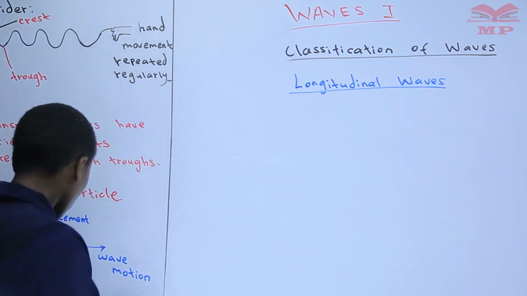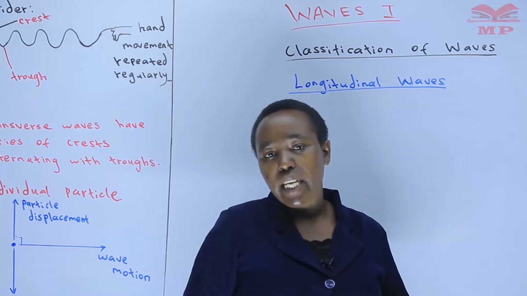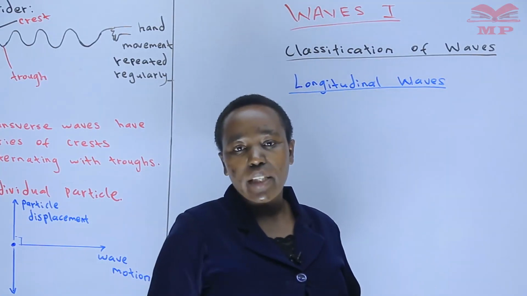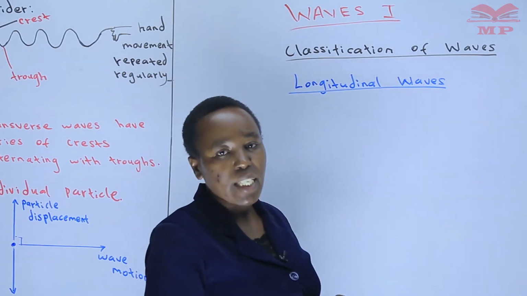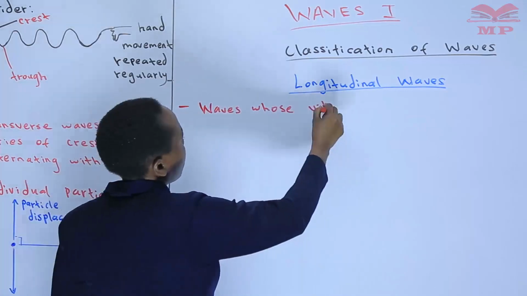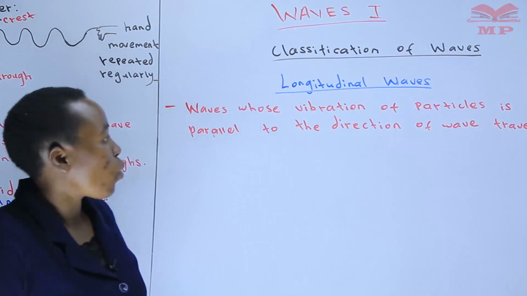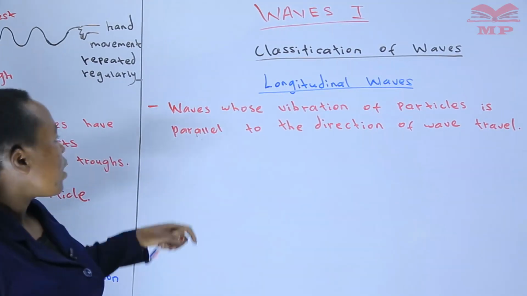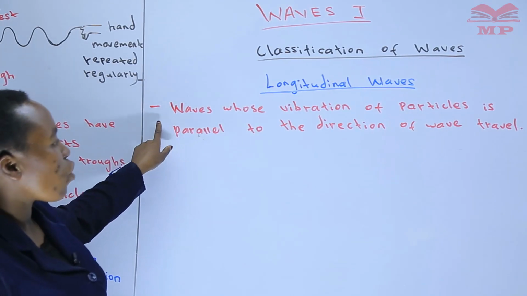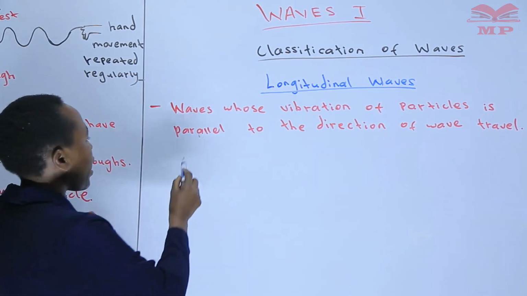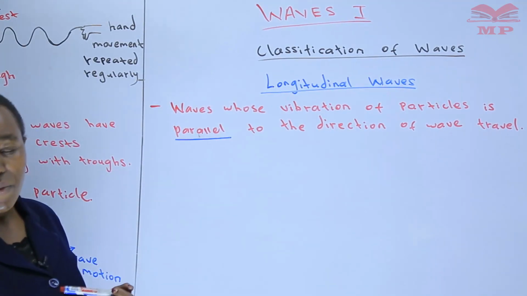Now when we talk of a longitudinal wave, it is a wave whose vibration of particles is parallel to the direction of wave travel. The longitudinal waves are waves whose vibration of particles is parallel to the direction of wave travel.